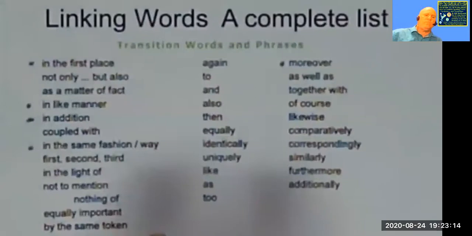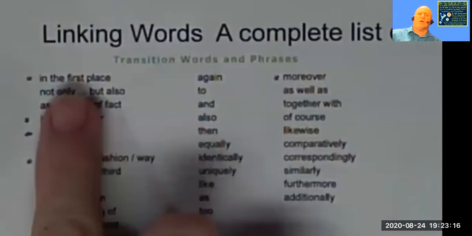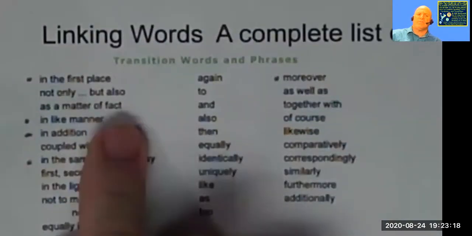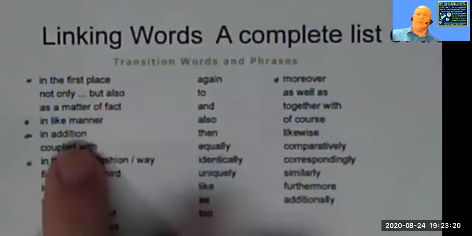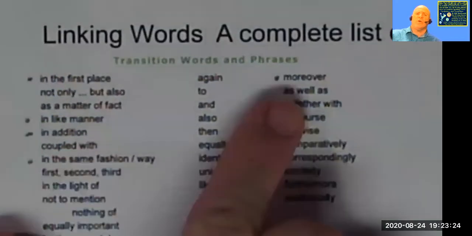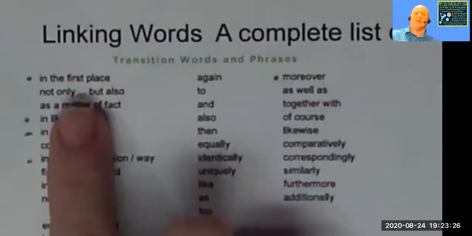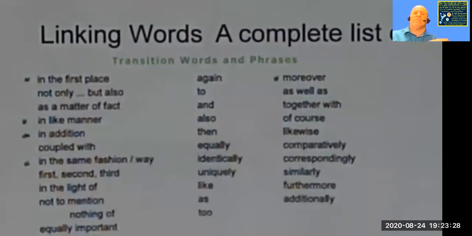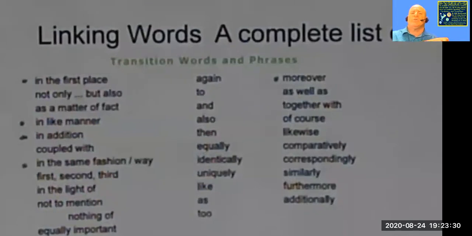Focus. The ones that I chose are in the first place, in like manner, in addition, in the same fashion, in the same way, or moreover. Now, some of those are phrases, and that's okay, because all we're doing is practicing how to use those as we start an idea, or as we continue an idea, or possibly move to another idea.